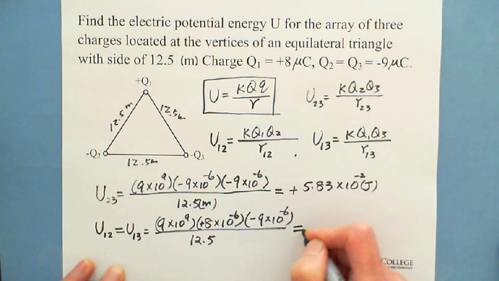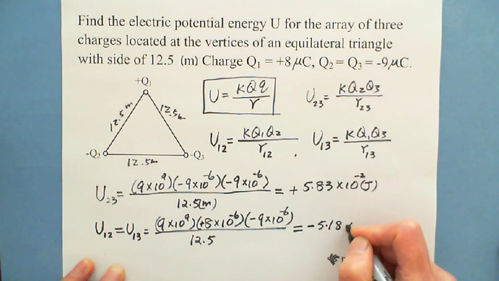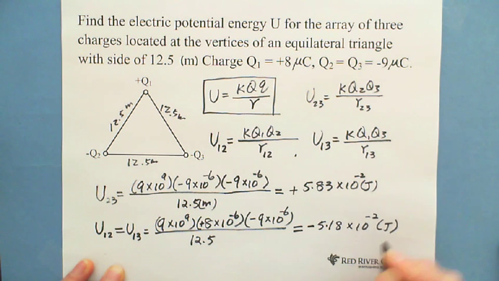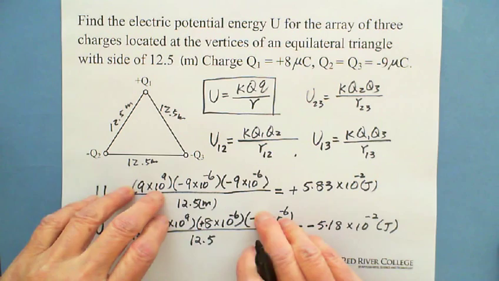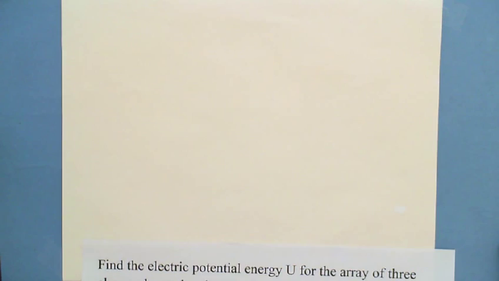Positive multiplied by negative equals negative 5.18 times 10 to the negative 2 joules. After we finish the three pairs, we can add them together. They are scalars, not vectors, so we don't need vector addition; we just add the three.